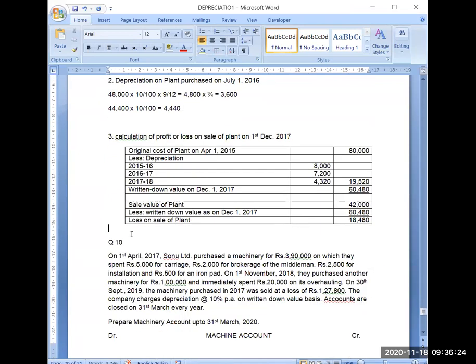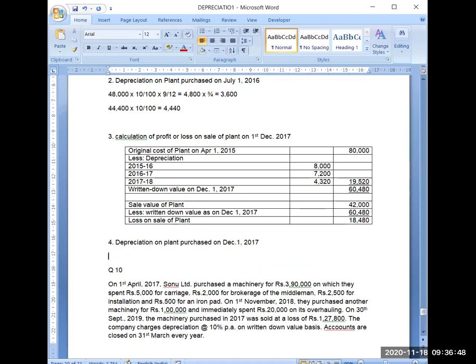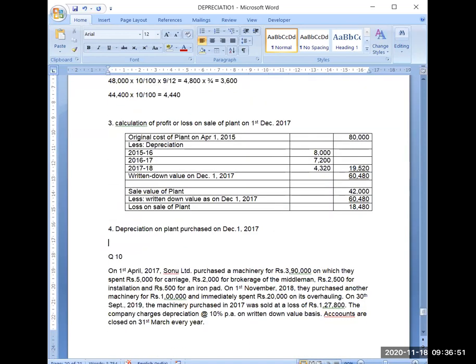And for the new plant, we will be making a new working note. Depreciation on plant purchased on December 1, 2017. So its cost is 75,000 multiplied by 10% multiplied by time.